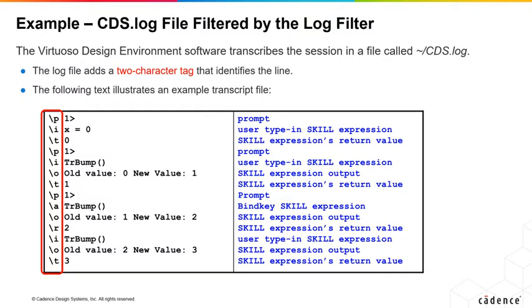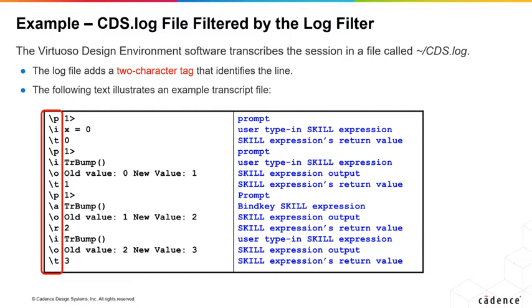The next line is an input line that the user typed in. It begins with a /i. The return value is prefixed with a /t. Then we have another prompt, then another command that the user typed in with a /i.